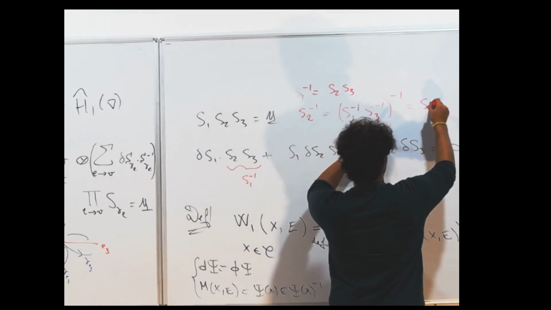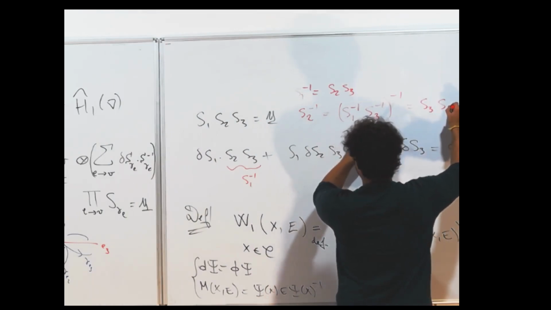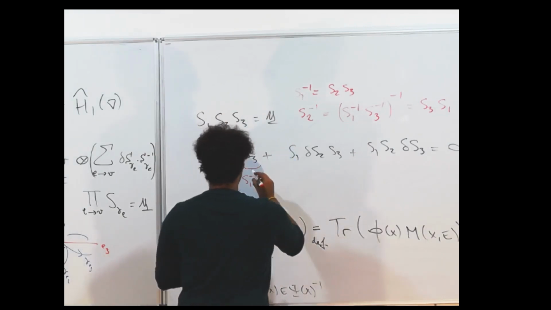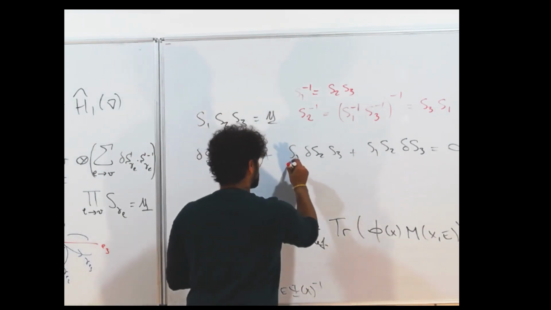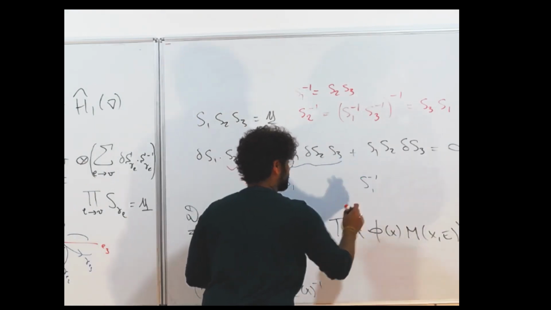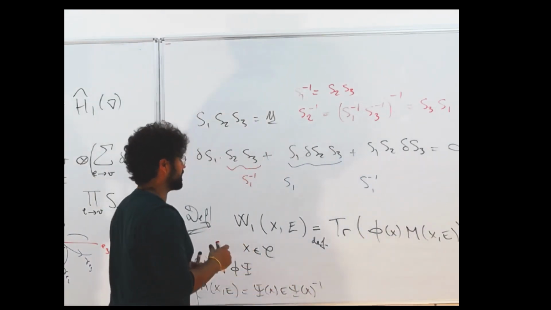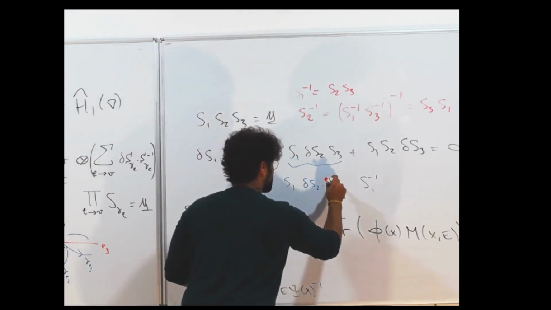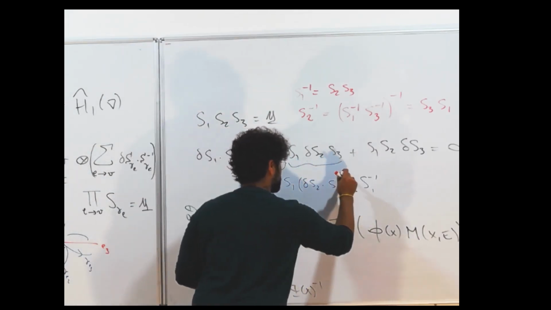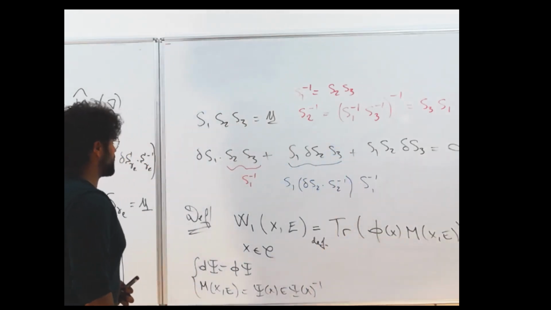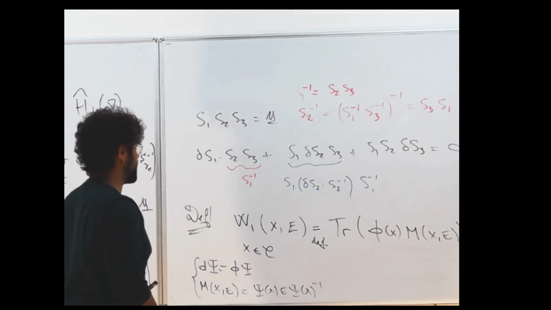So this is S3, S1. Okay, so that means that this here is S1, S1 inverse times delta S2, S2 inverse. S3, S1, S1 inverse, okay.